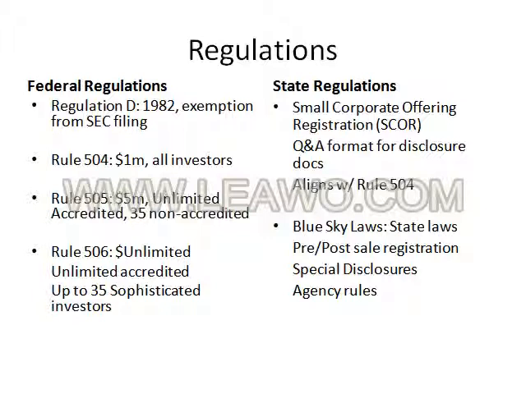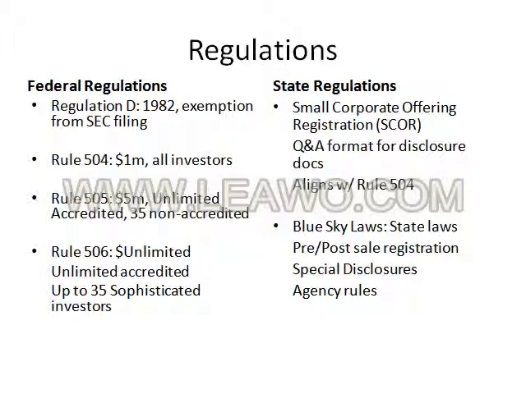As far as state regulations, the SCOR system is used, small corporate offering registration. This is a Q&A format that makes it easier to draw up disclosure documents. This aligns with Rule 504 and is typically used for offerings of up to $1 million.